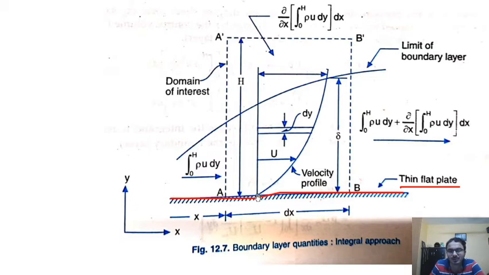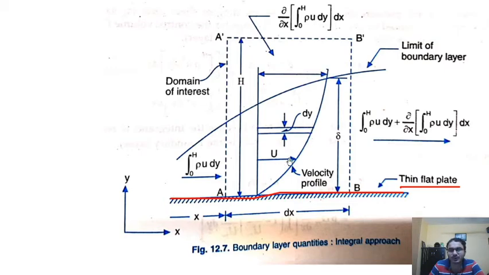Very close to this flat plate, the velocity is almost 0, and as we move away from the flat plate, the velocity keeps on increasing, and once we cross this boundary layer, the velocity will be equal to the free stream velocity.